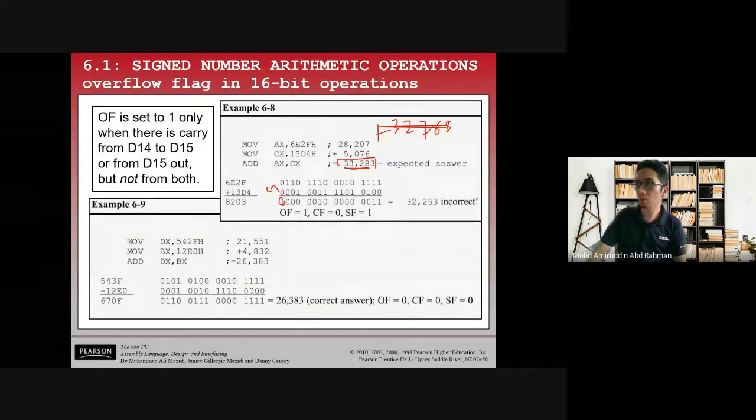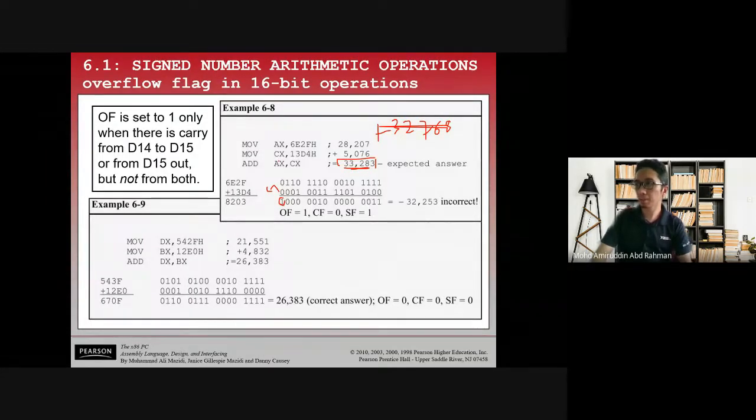So in order to do this operation, we need to reduce the number, or we use multiple registers to perform the calculation.